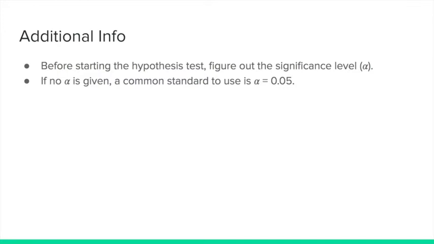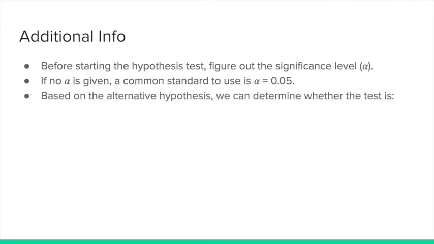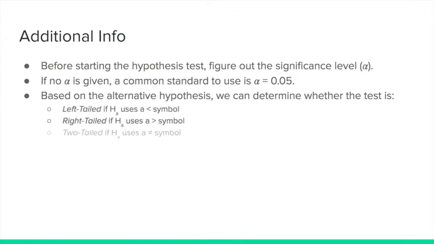That's the most common significance level. And then what we want to keep in mind is that if the alternative uses a less than, then we have what we call a left-tailed test. If it uses a greater than, we have a right-tailed test. And if it uses a not equals, then we have what we call a two-tailed test.